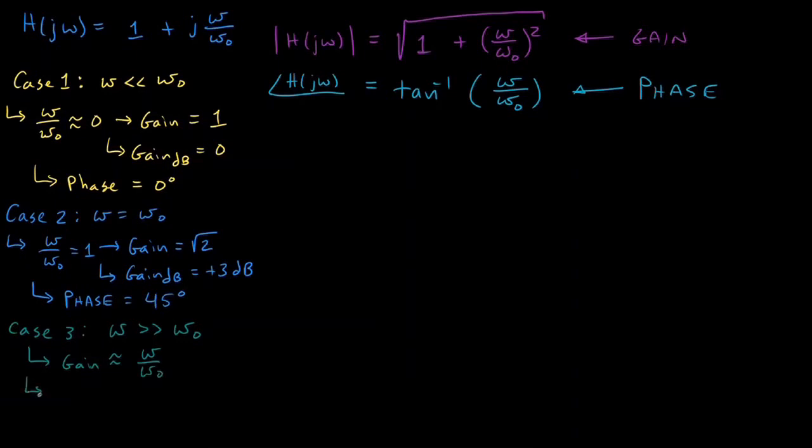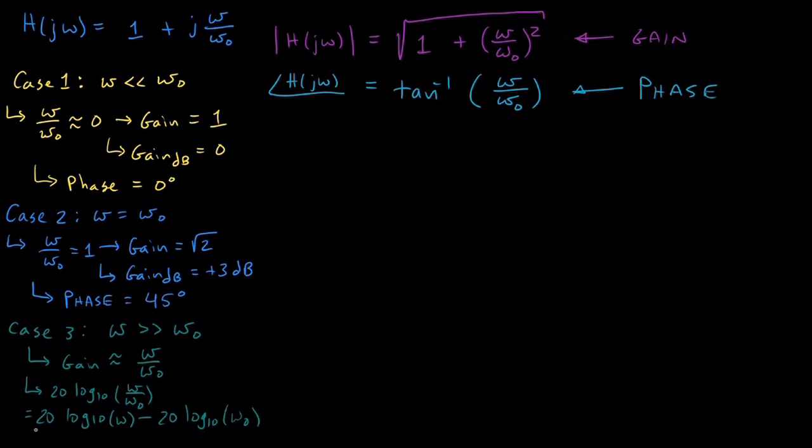In dB, we have 20 times the log base 10 of ω/ω0, which equals 20 times the log base 10 of ω minus 20 times the log base 10 of ω0. ω is the variable that changes with frequency, and ω0 is fixed.